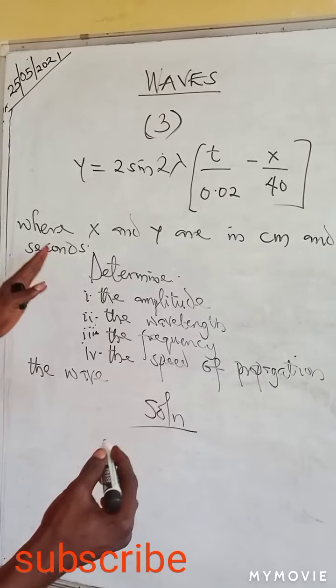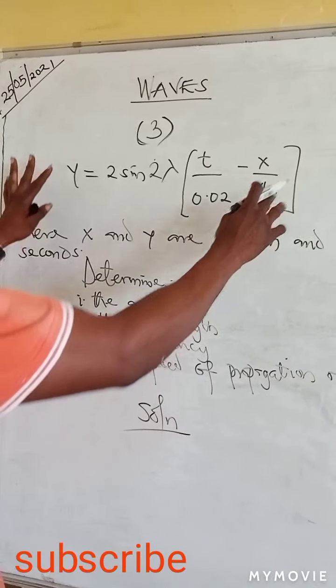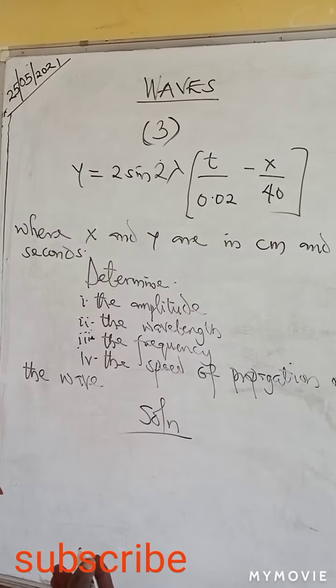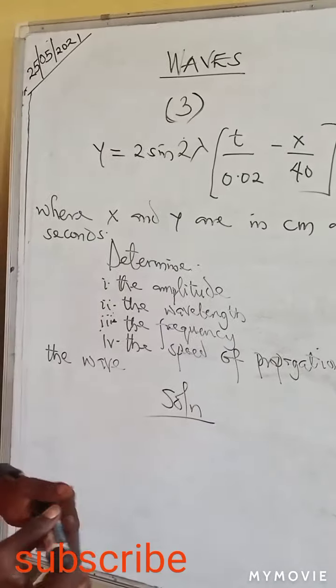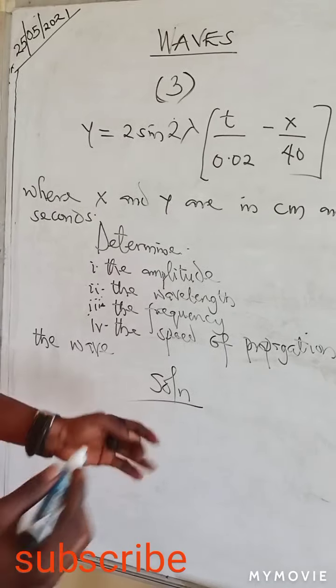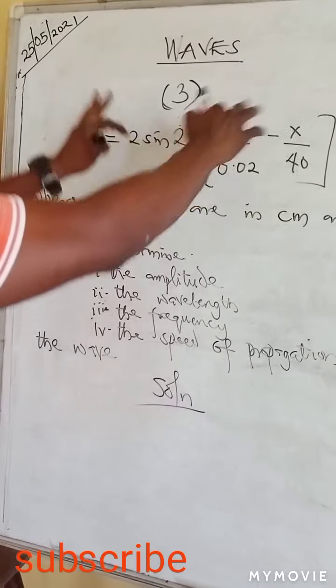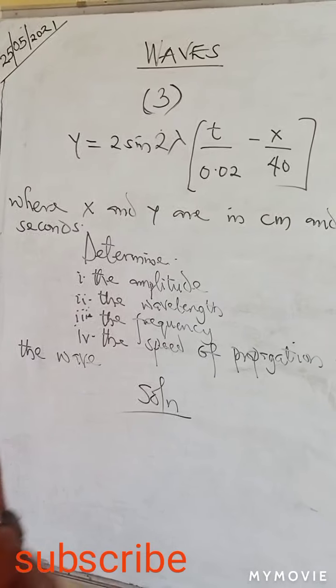The only thing you have to do, if you are given an equation like this, is to go for the general wave equation that correlates with the given equation.